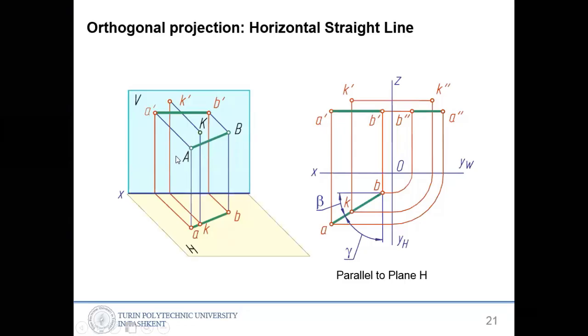On the plane H, the line is parallel to H, so that's why the line is straight like this. And in the vertical and profile projections also, it is straight. And the point, you see, is given as K dash, K double dash, and K itself.